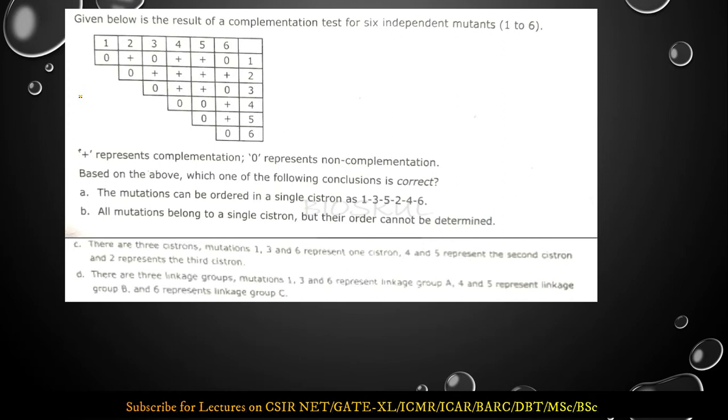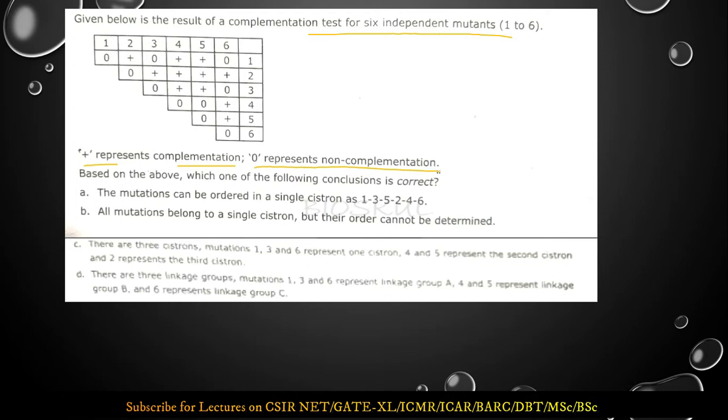Given below is the result of a complementation test for 6 independent mutants. Plus represents complementation and 0 represents non-complementation. 0, which represents non-complementation, means that it fails to complement. That means the genes where 0 is present belong to the same complementation group.